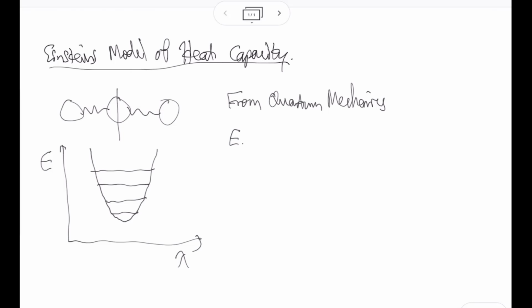So here we have the energies are equal to (n plus 1/2) h nu, where n equals 0, 1, 2, 3, etc. Remember, if you haven't taken quantum mechanics, this is just the energy eigenvalue that comes out for these particular solutions of the Schrödinger equation, where these quantum numbers represent the vibrational state that's being activated.